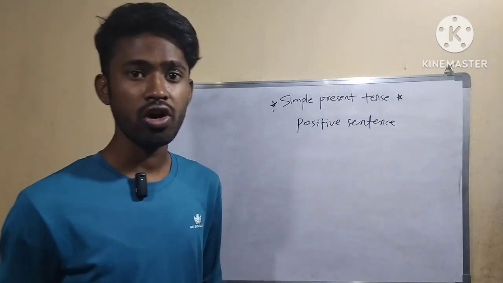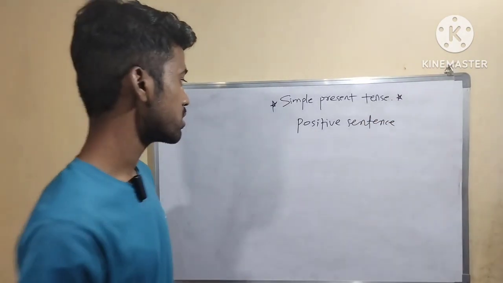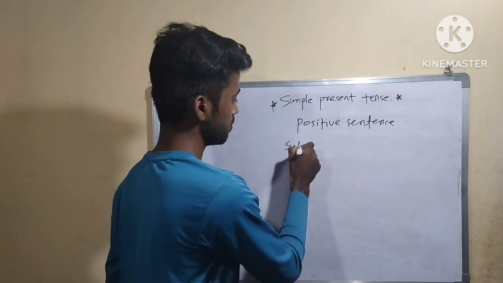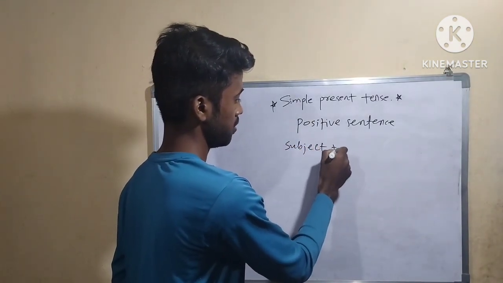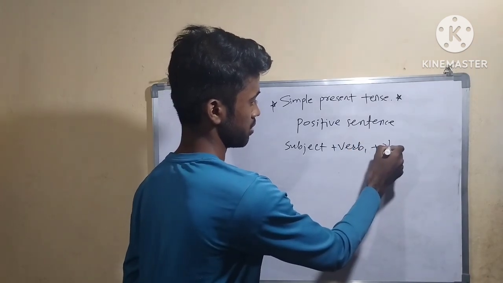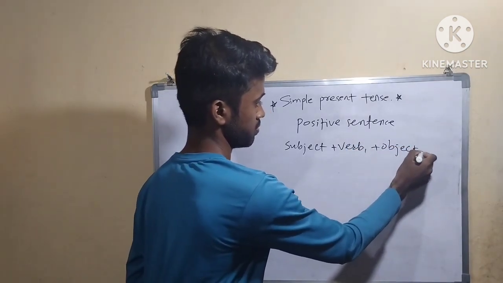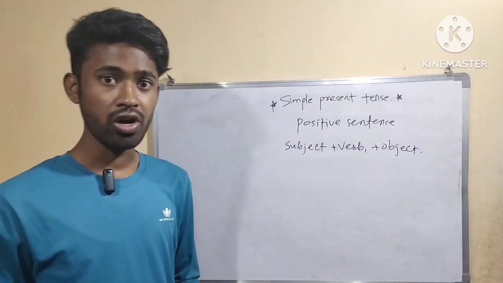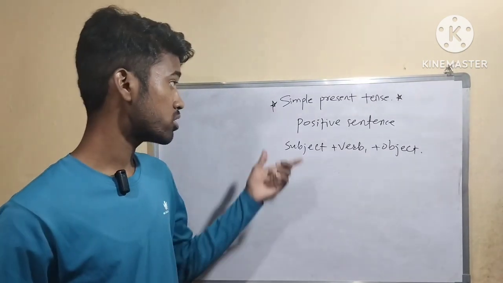So here the structure of positive sentence in simple present tense is subject plus verb first form plus object. Okay, this is the structure of simple present tense in positive sentence.